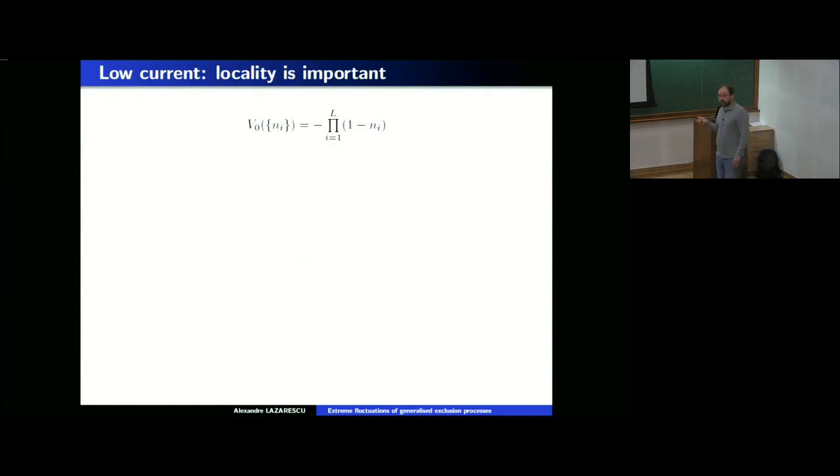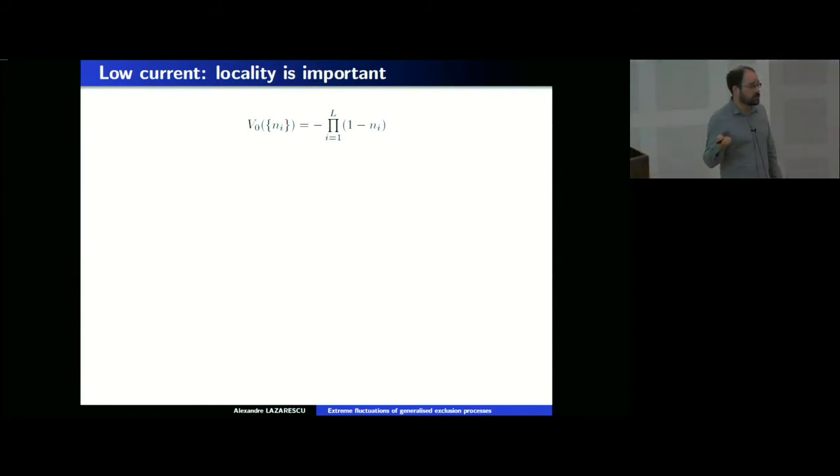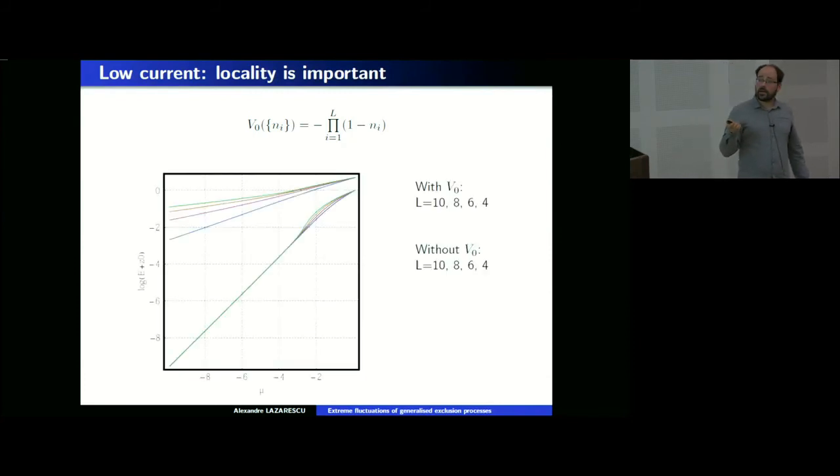Locality is very important, so I told you that I had some freedom on the interaction potential between the particles. And if I add a non-local term, a very simple term which just promotes the empty configuration and does nothing to the others, everything breaks down.